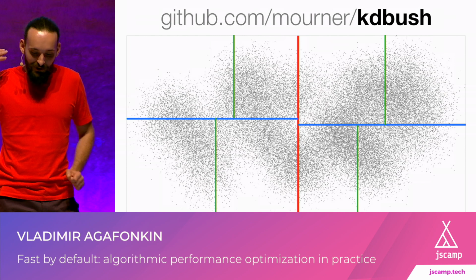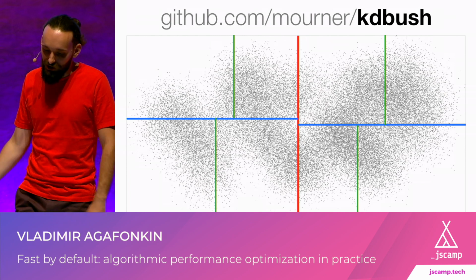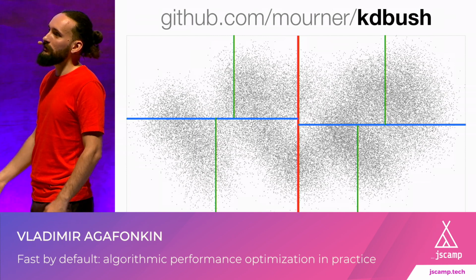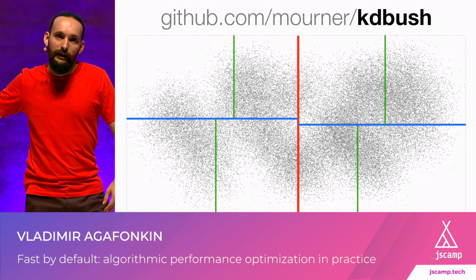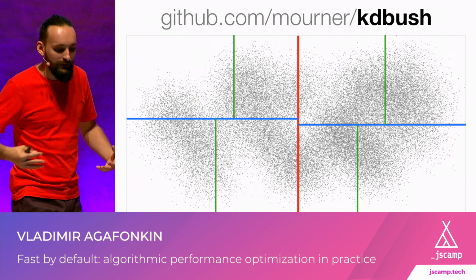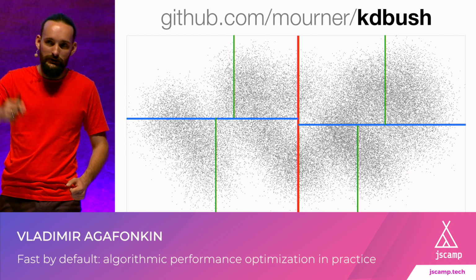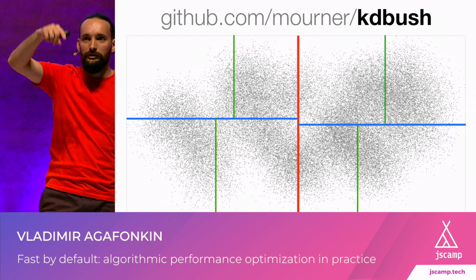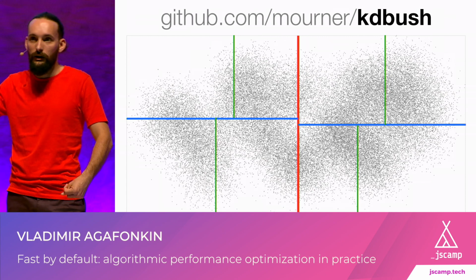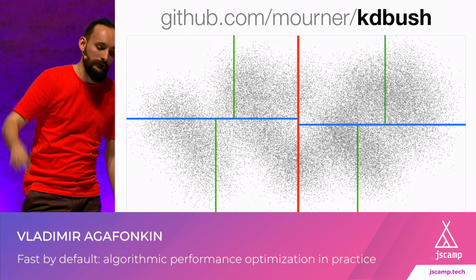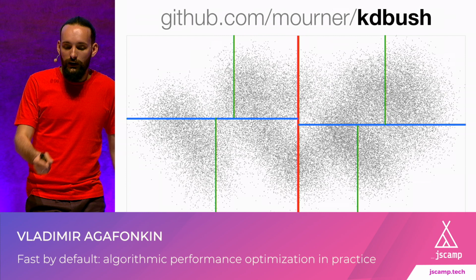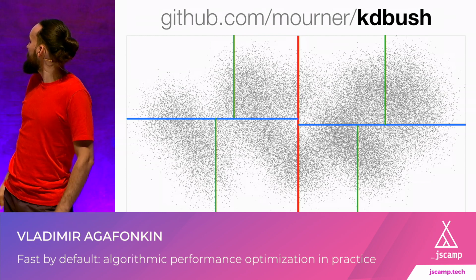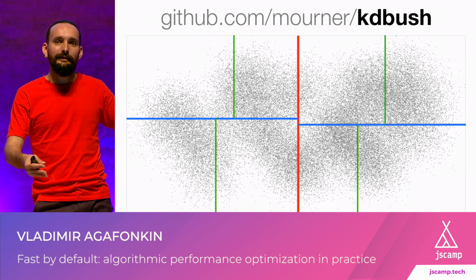Then there's this library called KDBush, which is for indexing geometric points, which allows really fast search of points. For example, you have millions of points and you want to see what points are in a particular area, or the 10 closest points to this point. How do you do that? KDBush, a library that I wrote, is nothing more than a fancily sorted array.